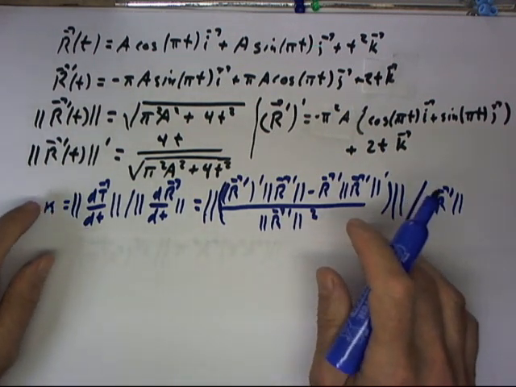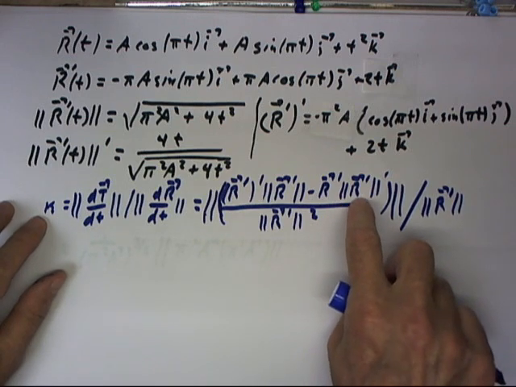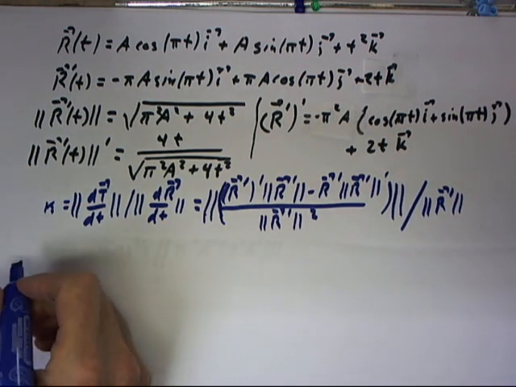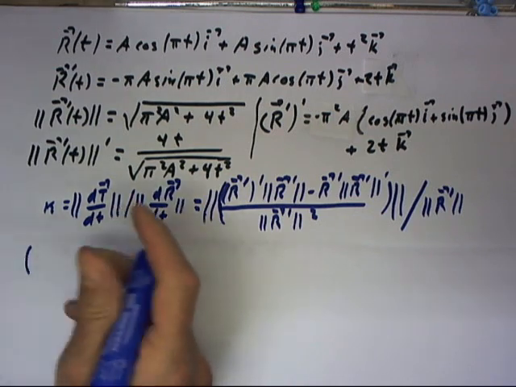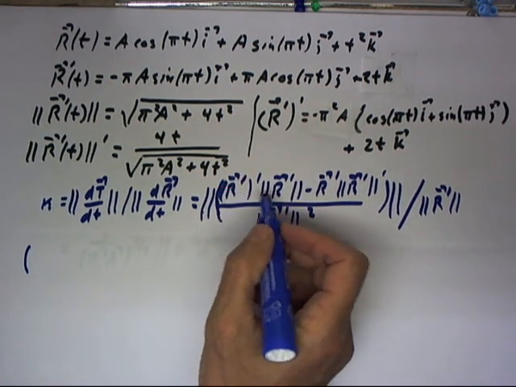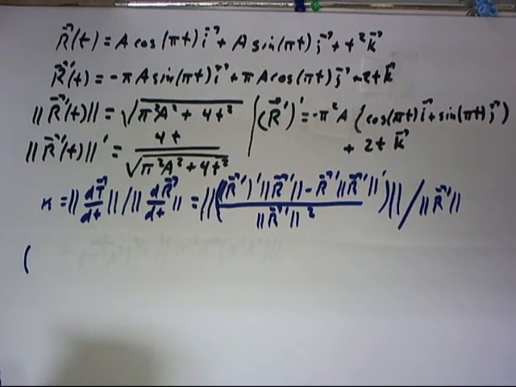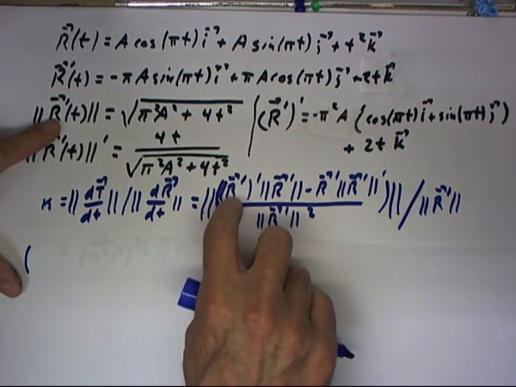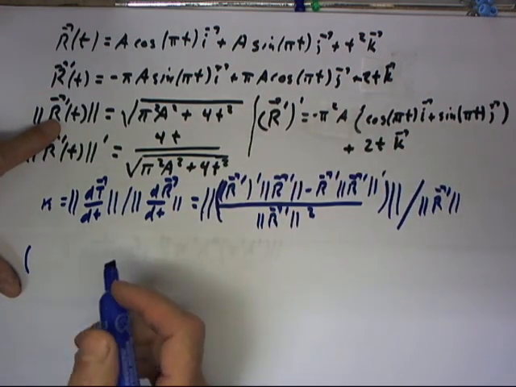Now we're also going to have i, j, and k components from this part of the expression. So I want to first write down what we're contributing from this expression to the i component, and that is, again, magnitude of r prime times r double prime.